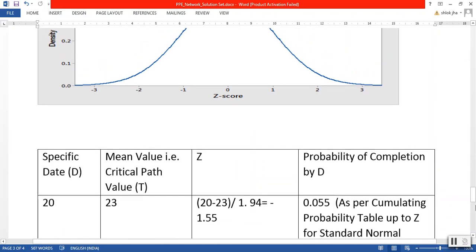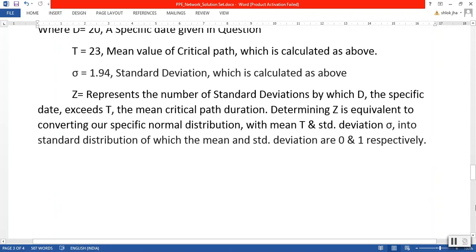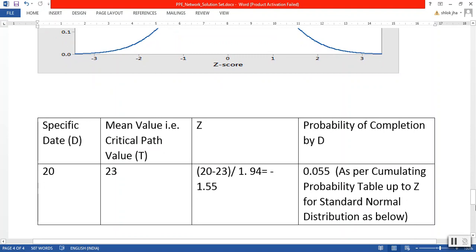Now, once we know the importance of Z and what Z, D and T are, we calculate Z. For the specific D, with the mean value, that is the critical path value T, 23, Z will be equal to 20 minus 23, whole divided by 1.94, which is equal to minus 1.55.